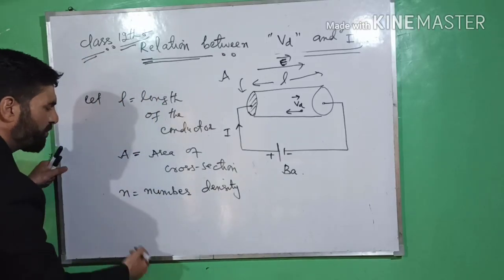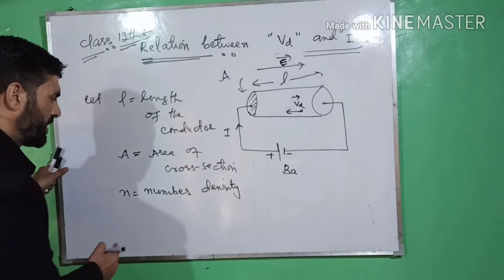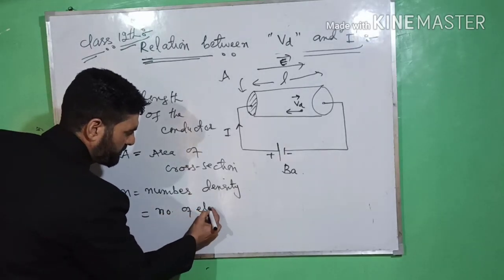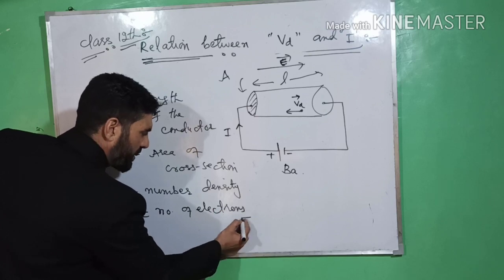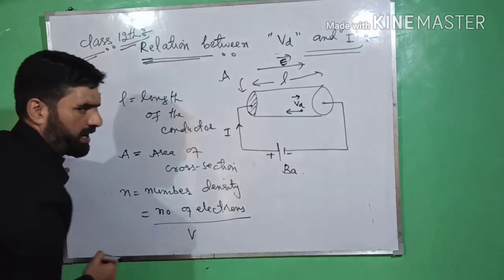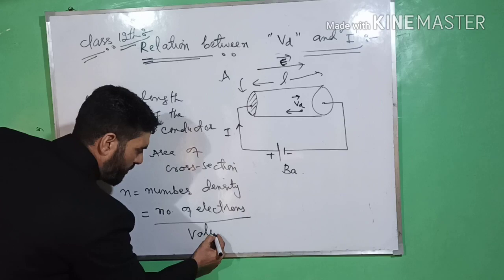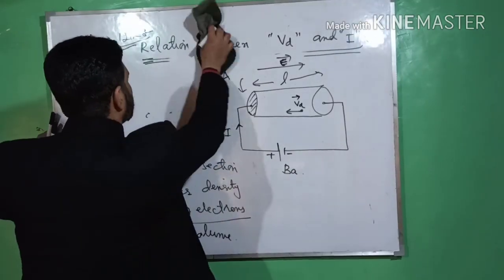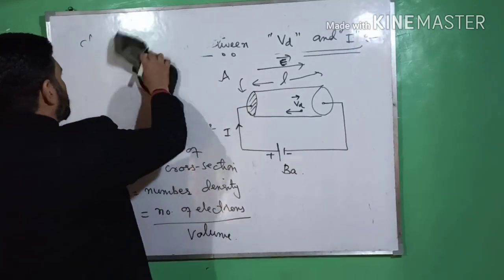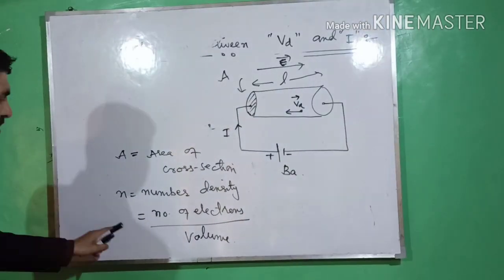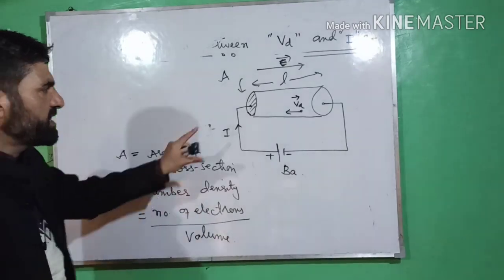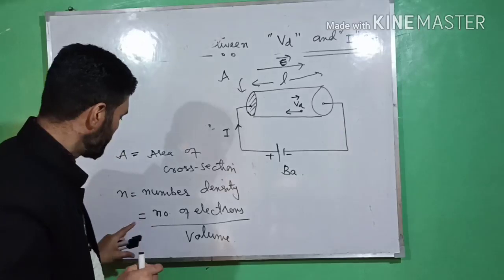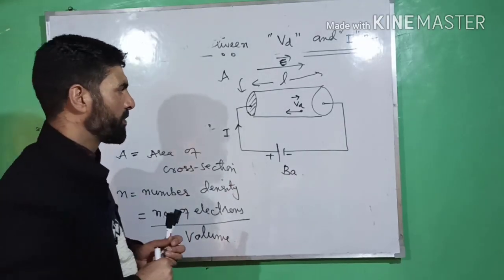Number density means the number of electrons per unit volume. N is the number of electrons per unit volume, that is, how many electrons are in the unit volume, and that is known as electron density.